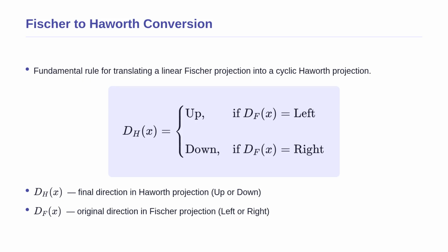The rule simply states that if a group points left in the linear form, it must point up in the ring. If it points right, it must point down.